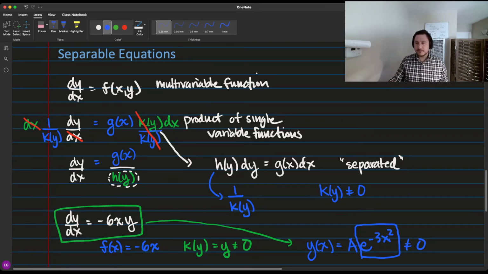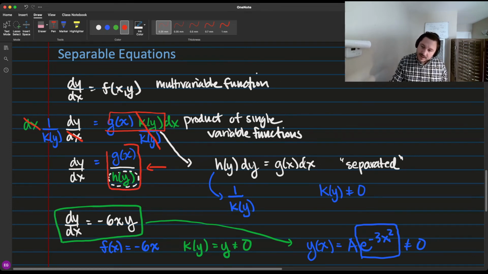I said right here that g of x times k of y is the same thing as g of x divided by h of y. In other words, h of y has to be equal to 1 over k. You can either write it as a product or as a quotient.